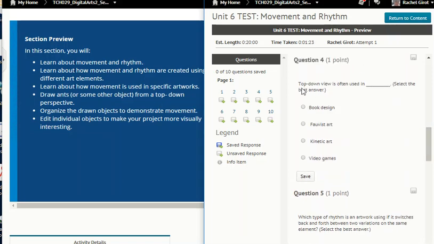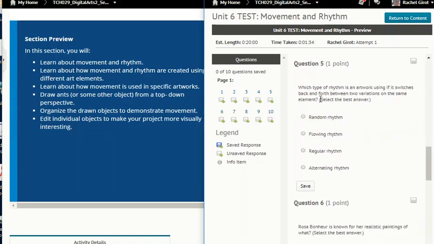Question 4. Top-down view is often used in book design, Fauvist art, kinetic art, video games. Question 5. Which type of rhythm is an artwork using if it switches back and forth between two variations on the same element? Random, flowing, regular, alternating.